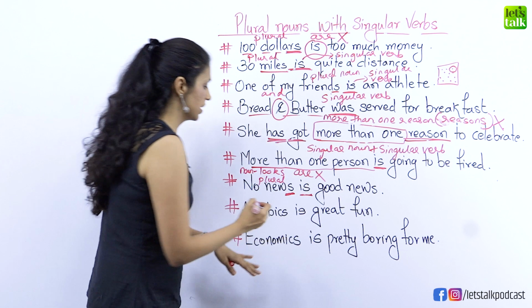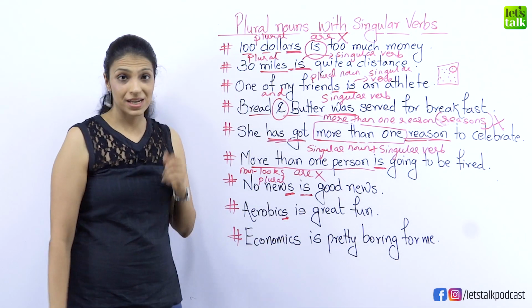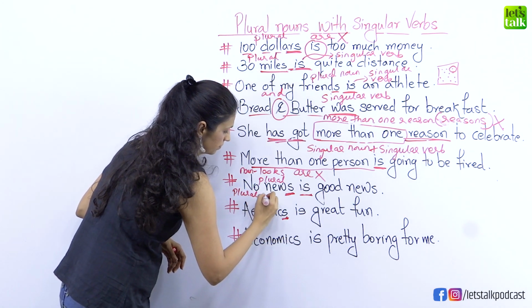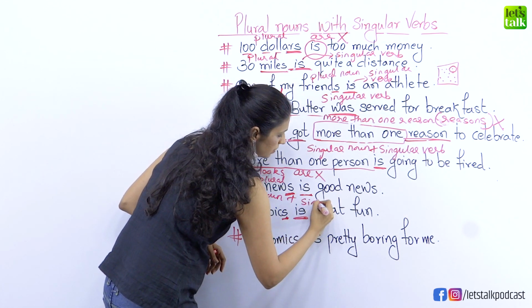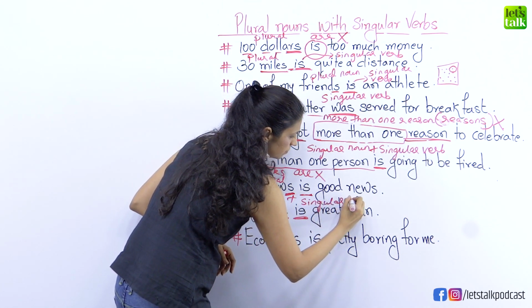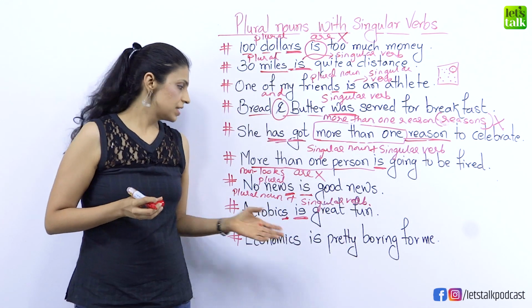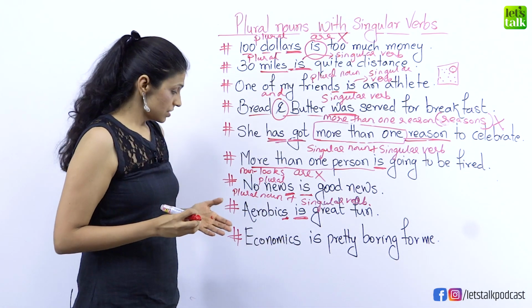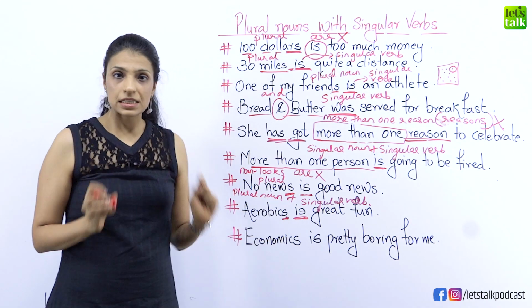Plural looking noun followed by a singular verb. Aerobics is great fun. Similarly, we don't say aerobic, we say aerobics, okay. It looks like a plural noun plus a singular verb. Okay. So don't say aerobics are great fun. No, aerobics is. And well, the last one says economics is pretty boring for me. Yes, I never liked this subject.